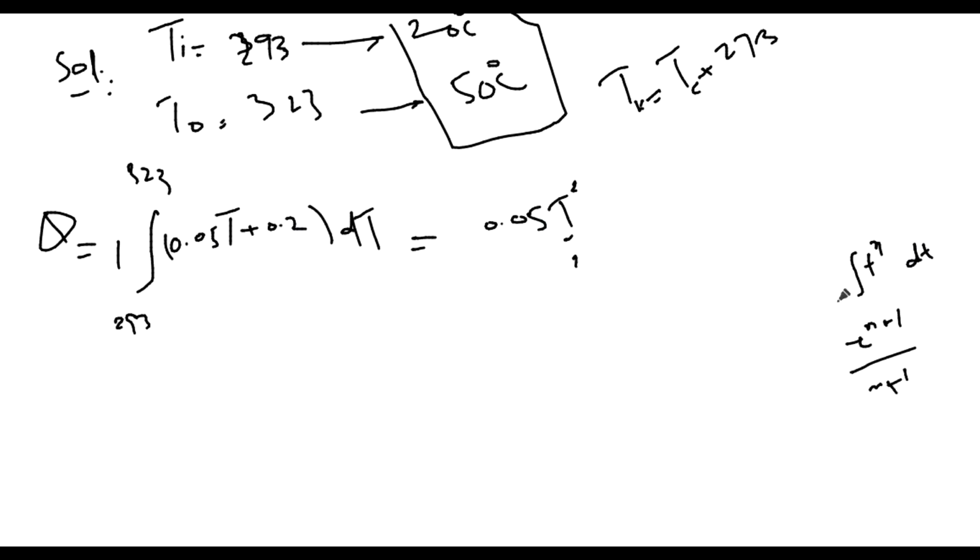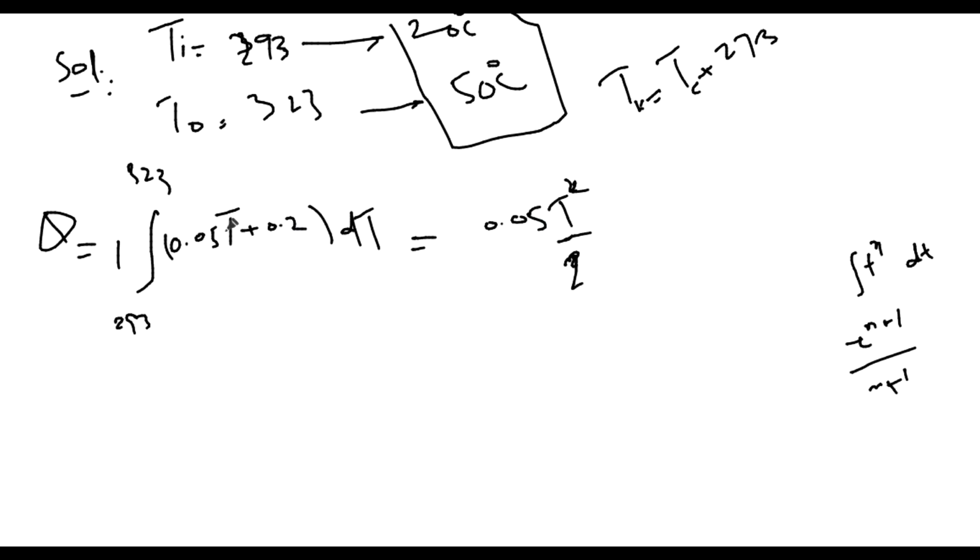It means that if this is T square, increase the power by one, so cube divided by 3. This is square and this is now square because this is 0.05 T. What is the integration of 0.05 T?